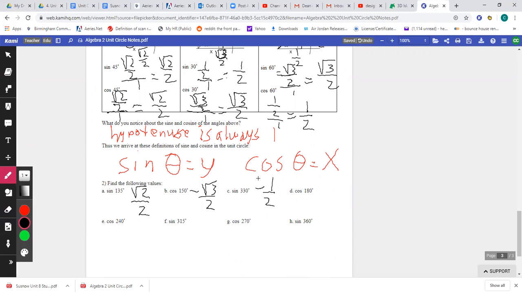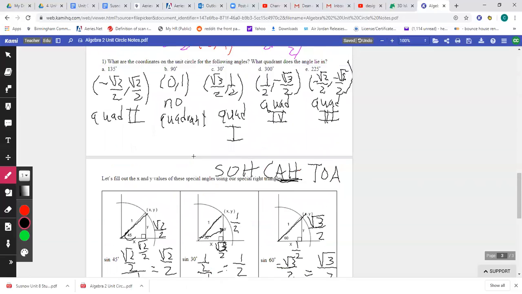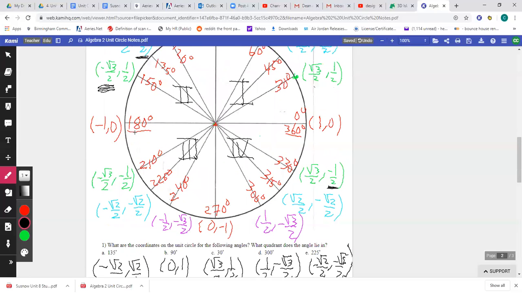I know that a majority of the time spent on today was deriving that unit circle, but once you have it, these problems are fairly simple. So cosine of 180, so cosine once again is x. So you go to your unit circle, you find 180, there's the point here, so you're just looking for the x, which is negative 1.